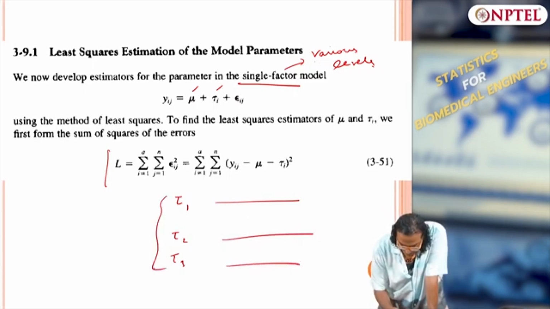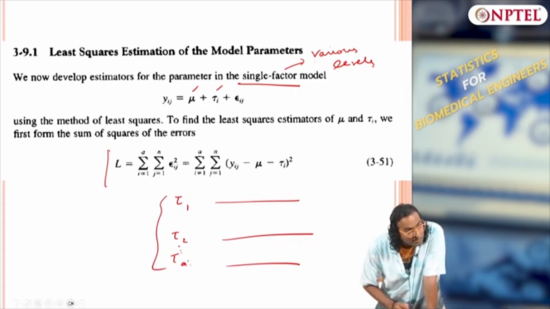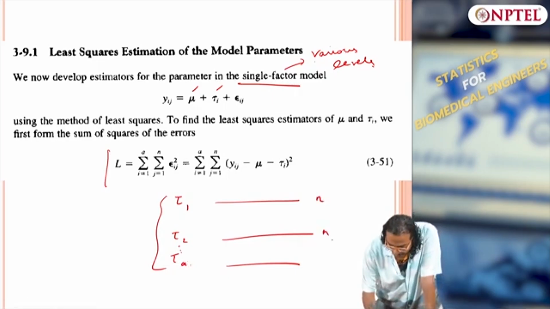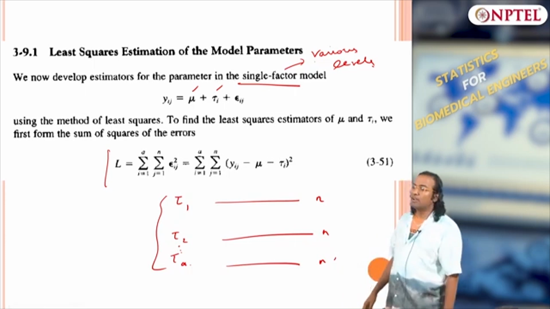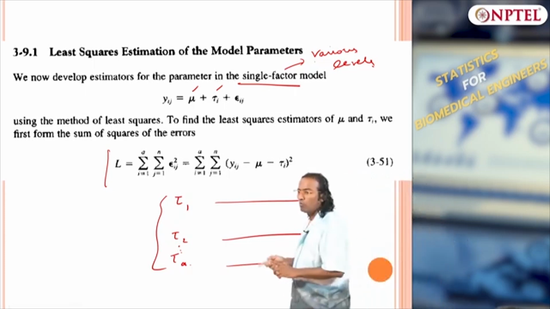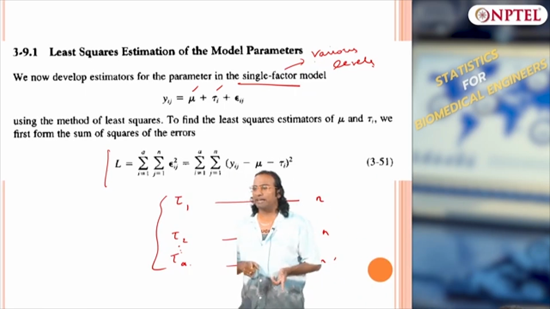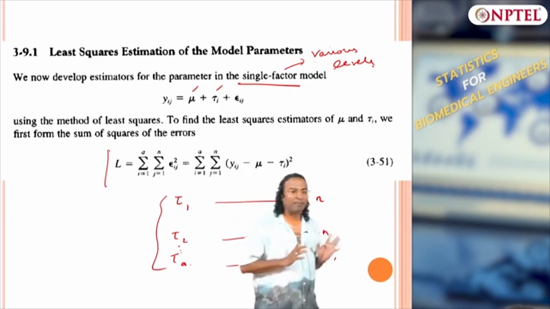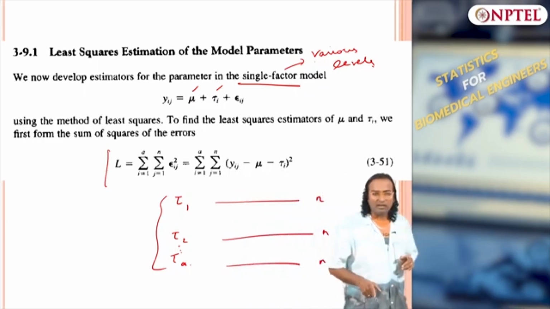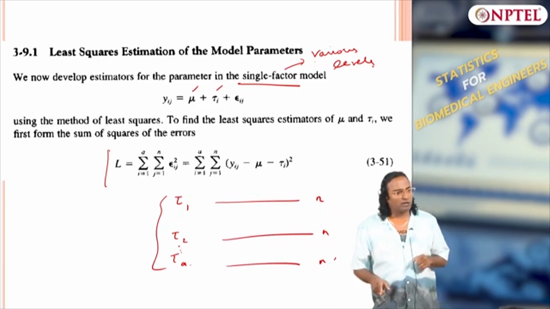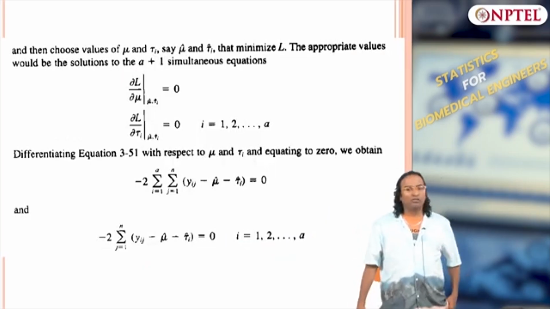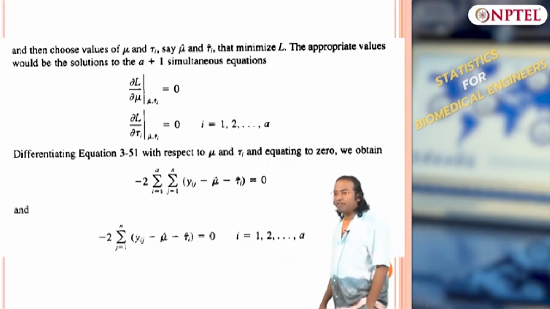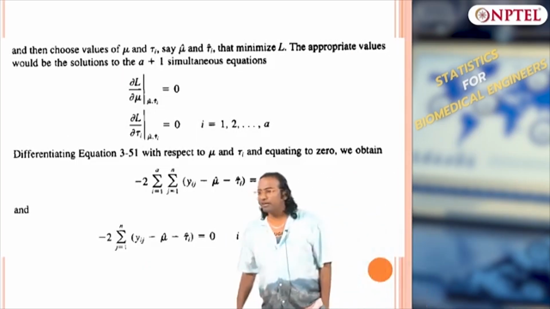There are levels like that up to tau a, and each one has n samples, right. So, I have a double summation over n and over a to obtain the parameters, clear. So far so good. So, how do I start doing this? I am going to differentiate and equate it to 0 like what we did in regression.